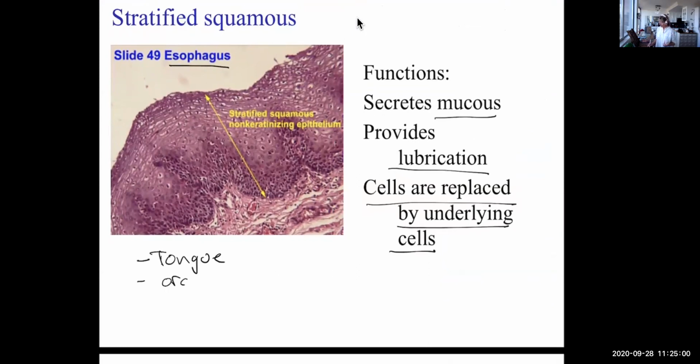In the oral mucosa, the epithelial lining of the oral cavity, the esophagus, and the vagina. So on the surfaces where there's likely to be a lot of cells being sloughed off.